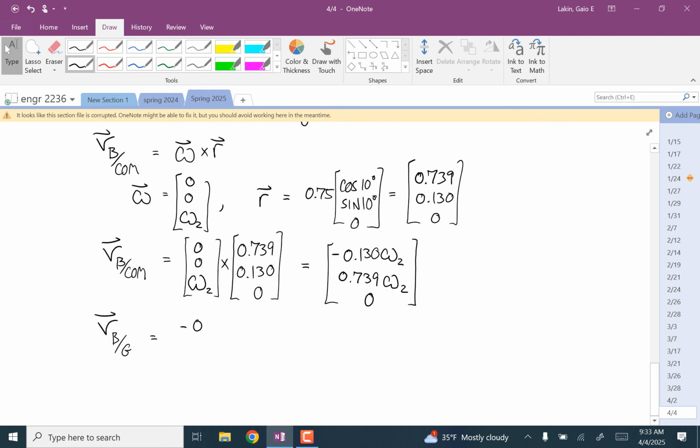So I'll put that in as negative 0.130 omega 2 plus v2x. That's with v2 the velocity of the center of mass of 2. And then 0.739 omega 2 plus v2y, and then 0.